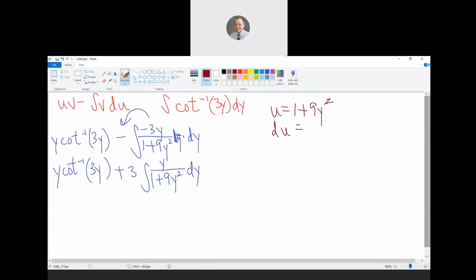Therefore, du is equal to 18y dy. And we'll just divide both sides by 18 to get y dy by itself. So in place of y dy, that's our 1 over 18 du.